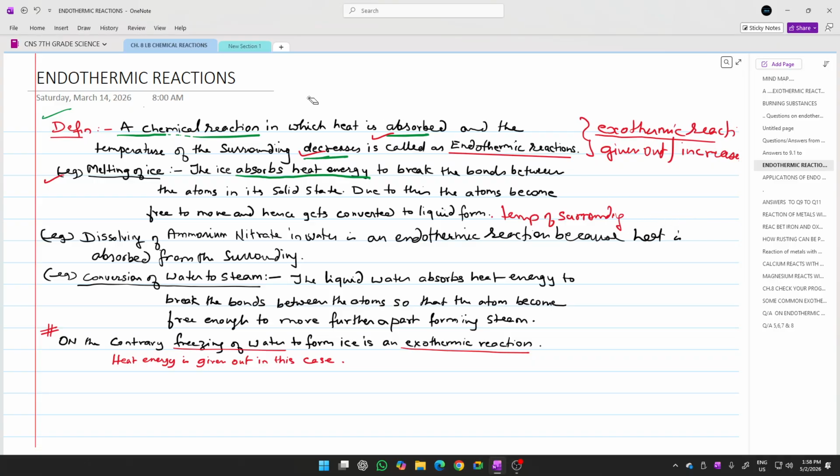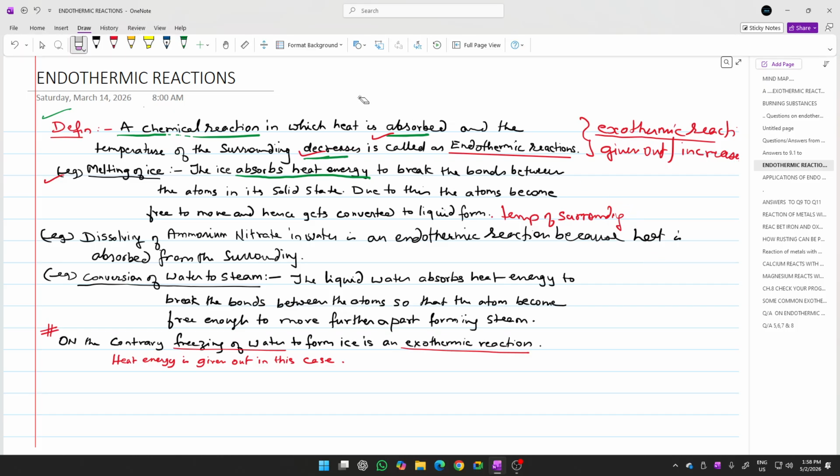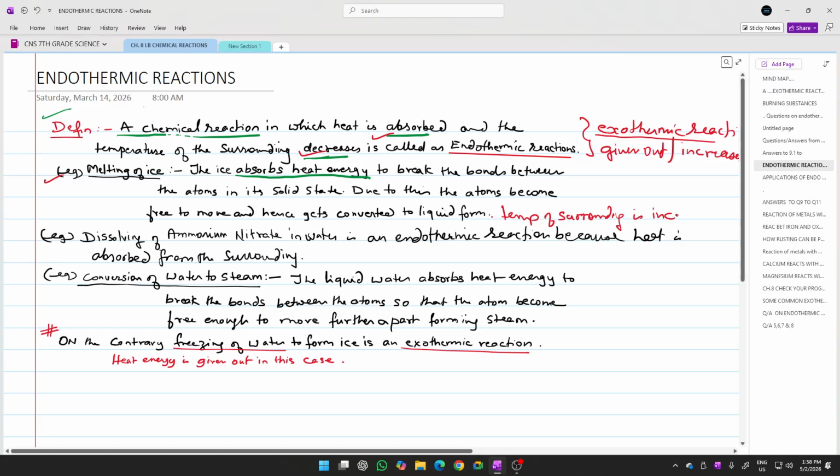Why? Because the heat energy is taken from the surroundings, nowhere else. So the temperature of the surroundings decreases. Now you must have understood why melting of ice is an endothermic reaction. So melting of ice is an example of an endothermic reaction.